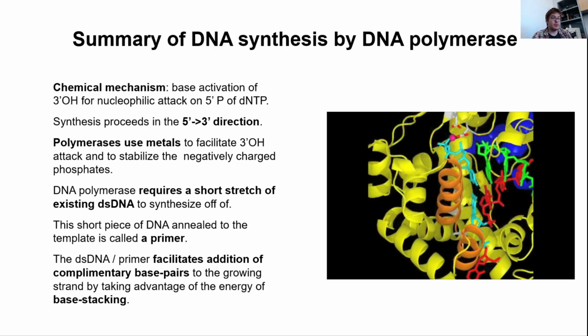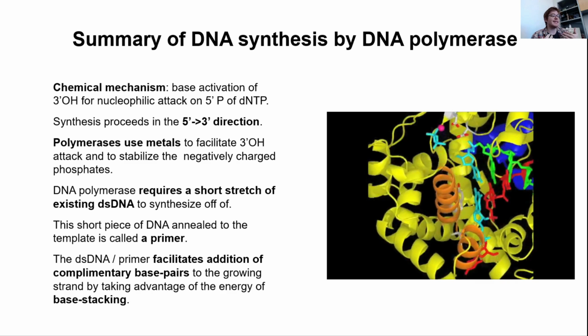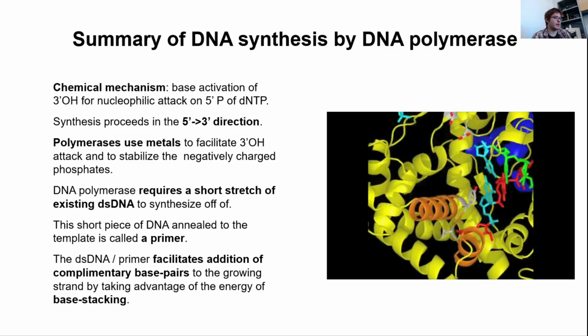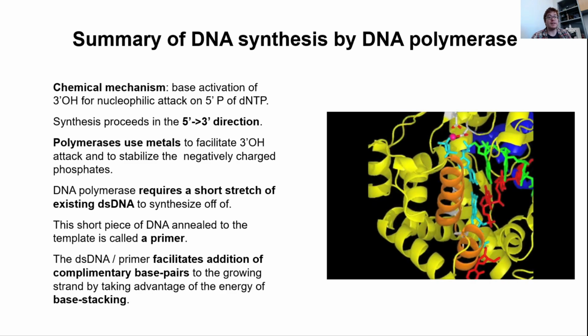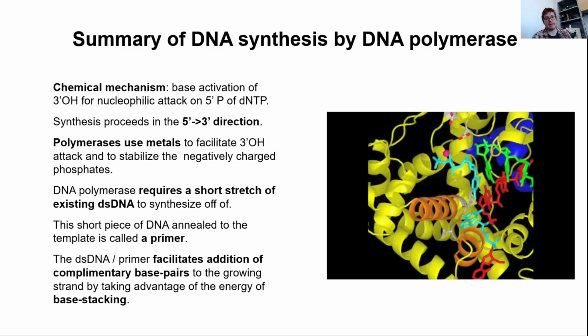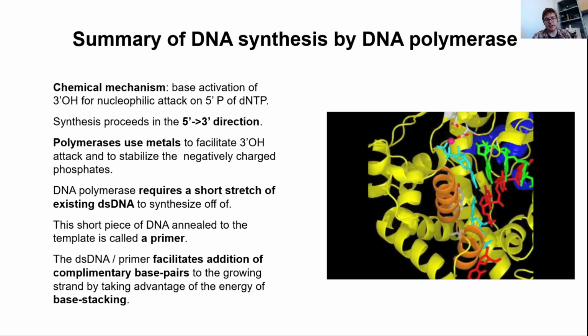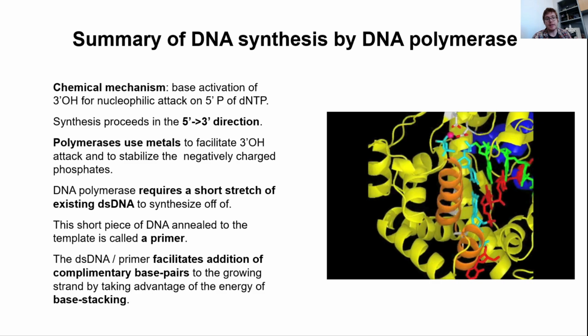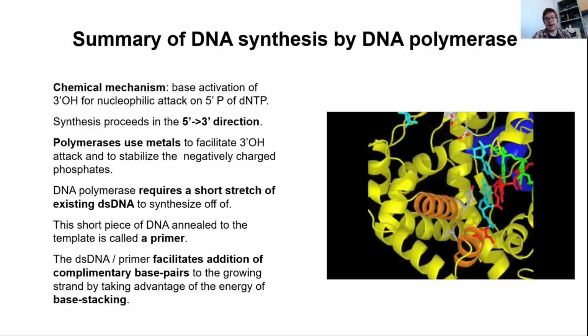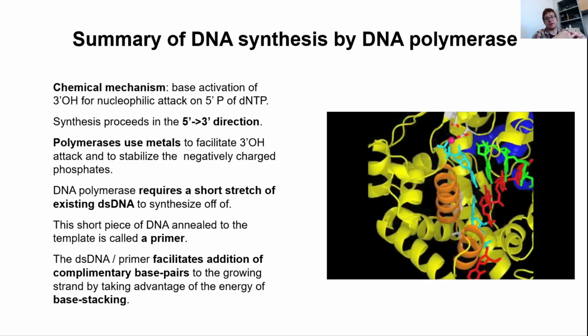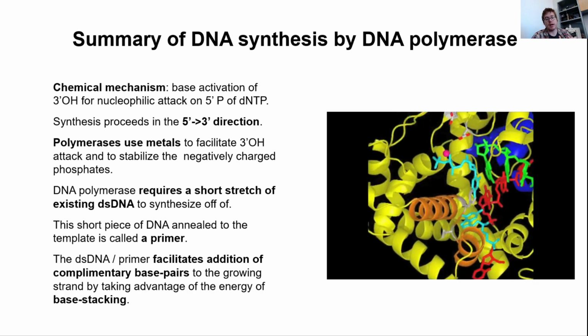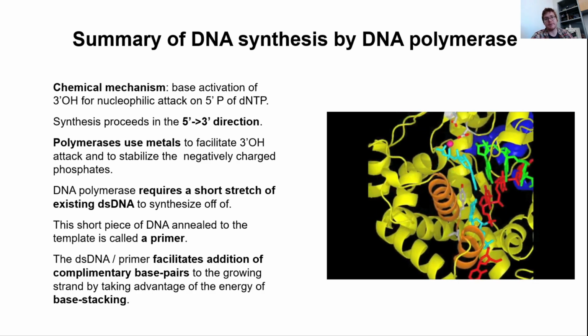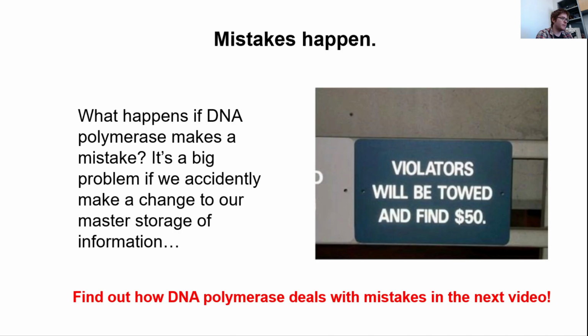And the double-stranded DNA stretch or primer facilitates the addition of complementary base pairs by taking advantage of the additional energy that comes from base stacking. So hydrogen bonding between complementary base pairs is what we're looking to achieve, and the stacking interactions help ensure that we select for that particular type of hydrogen bonding pattern that you see.